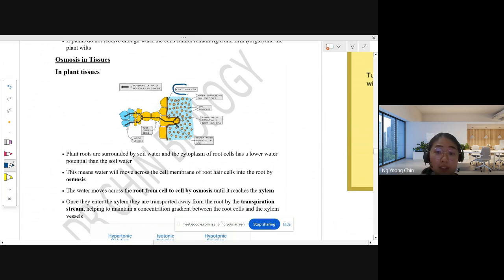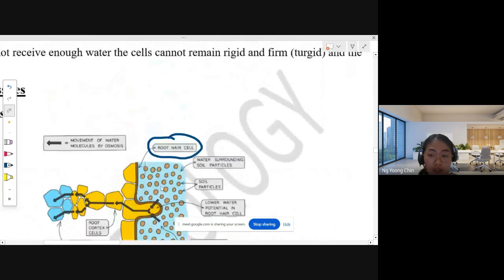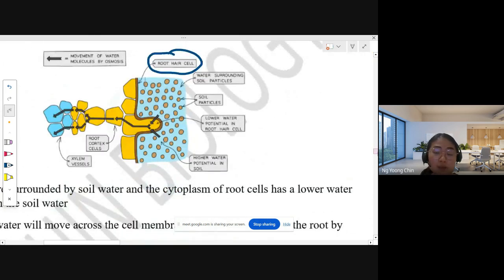Remember, the root hair cell has very long extensions. So maybe I zoom out the picture. Yeah, so this is the root hair cell. Then this is soil. The soil contains a very high water potential. High water potential inside the soil.